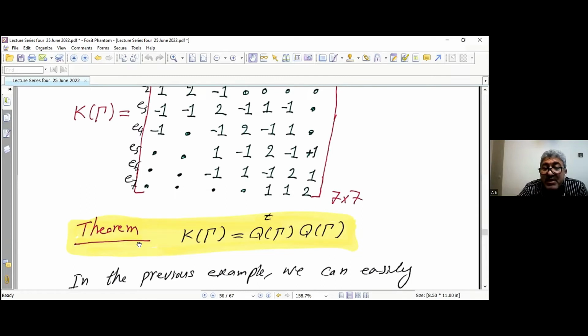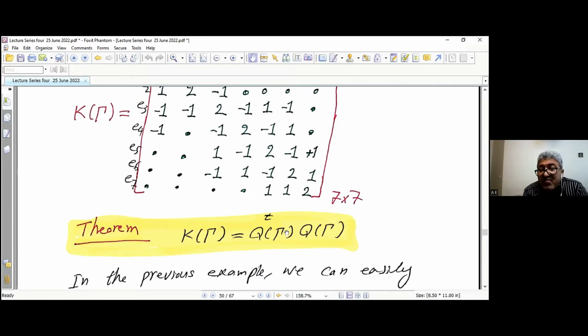The Laplacian matrix was the multiplication of the incidence matrix and the transpose of the incidence matrix. Now here is another relation for the H Laplacian matrix. The H Laplacian matrix of gamma is the transpose of the incidence matrix times the incidence matrix. In the Laplacian matrix the transpose comes in the second matrix, but here it comes first.